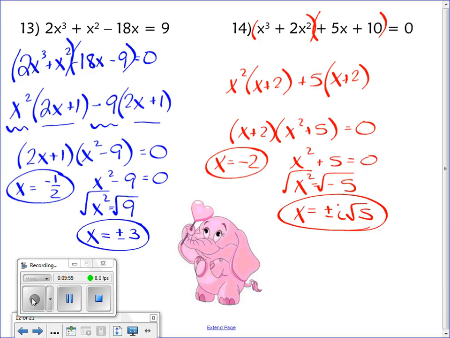Good. The only other thing that you may see arise with this type of problem, just to kind of forewarn you, sometimes you go to group these, and if there's no GCF, if you're looking at that and there's nothing common to that, take out a 1. Does it change anything if you take out a 1? No, it doesn't.